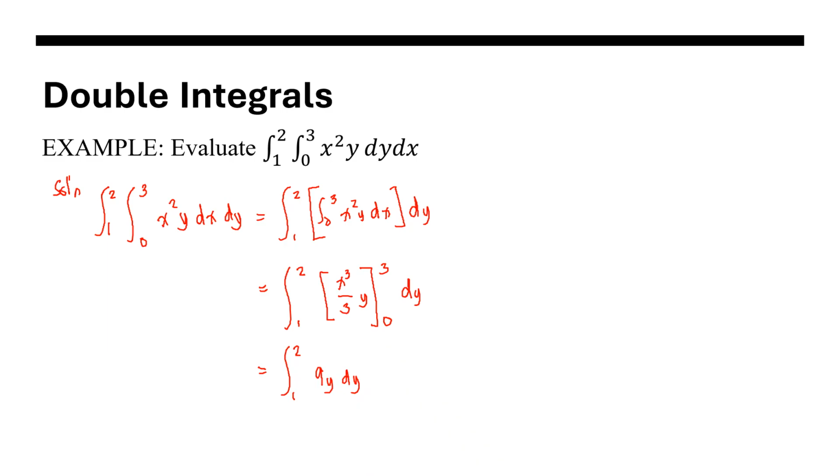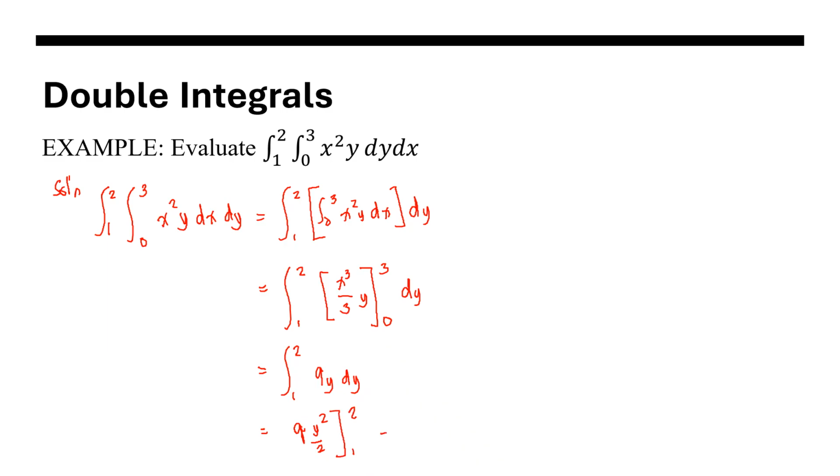And then we can now integrate. So you have 9 y squared over 2 from 1 to 2.